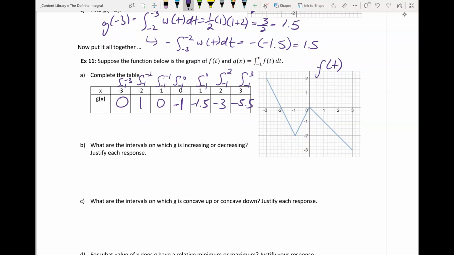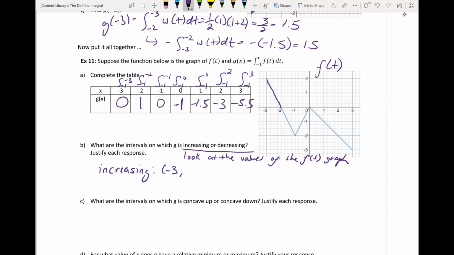For B, we want to find which intervals g is increasing or decreasing. To determine that, we're going to look at the values of our f of t graph. So we're going to have an increasing function for g whenever f of t is positive, and it'll be decreasing whenever f of t is negative. So for increasing, this occurs here, and that's it.